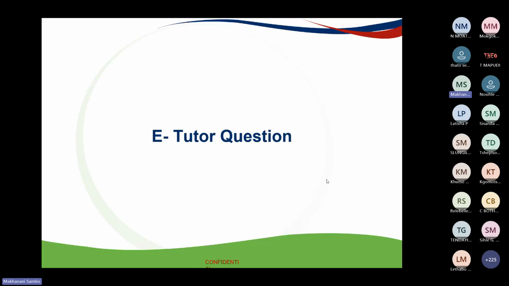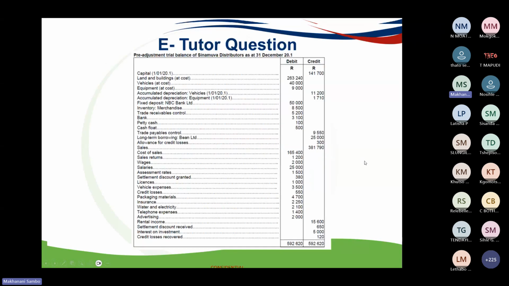So I'll be covering the E-tutor question. This E-tutor question was covered in March, but for the purposes of revision, we just want to cover it one more time. This question, unlike the previous revision question, is not so detailed.